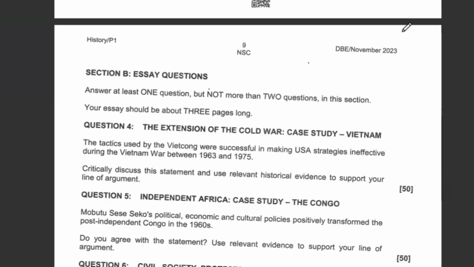Like, for example, in this instance, we have said that the tactics that were used by the Vietcong were indeed successful. So after explaining a given tactic and after giving evidence, show us how that tactic was effective and how it made American strategies fail, how it made American strategies ineffective in the war. You are referring back to your line of argument, which means it's a supporting statement at the end of the paragraph. And you should ensure that you keep supporting your line of argument so that your argument doesn't waver around.